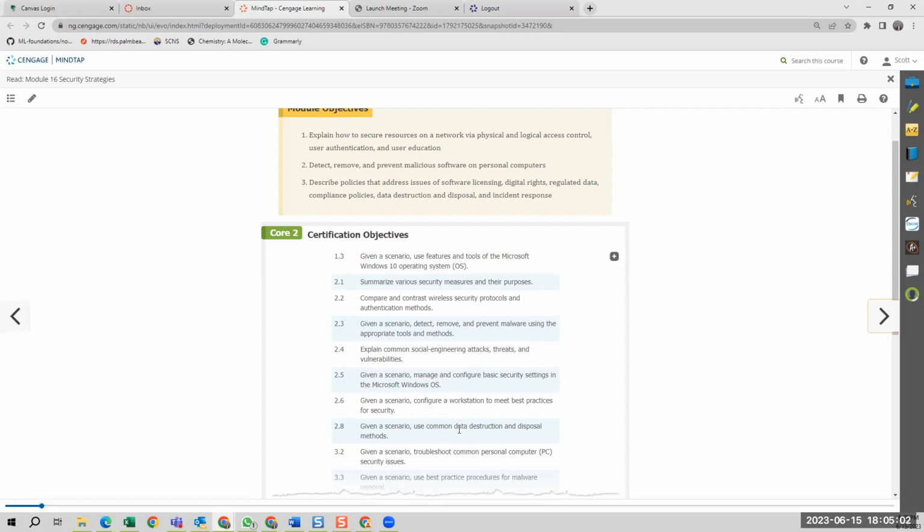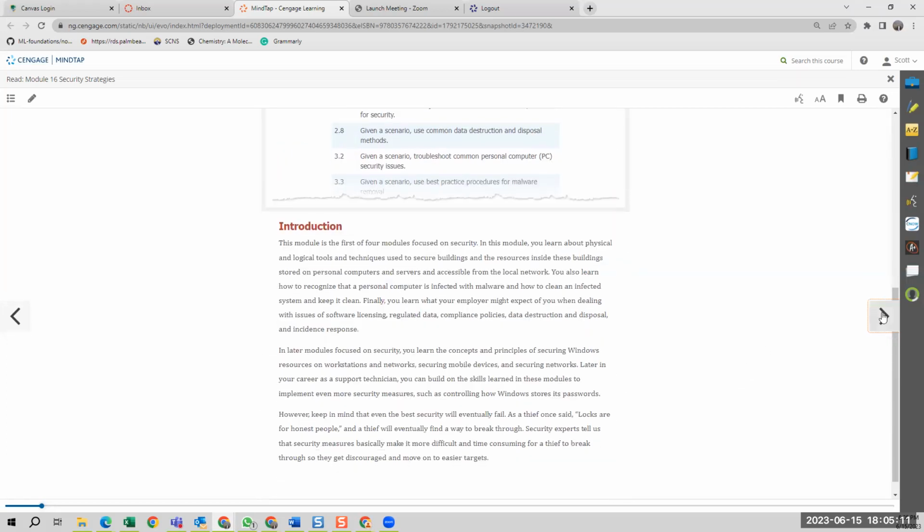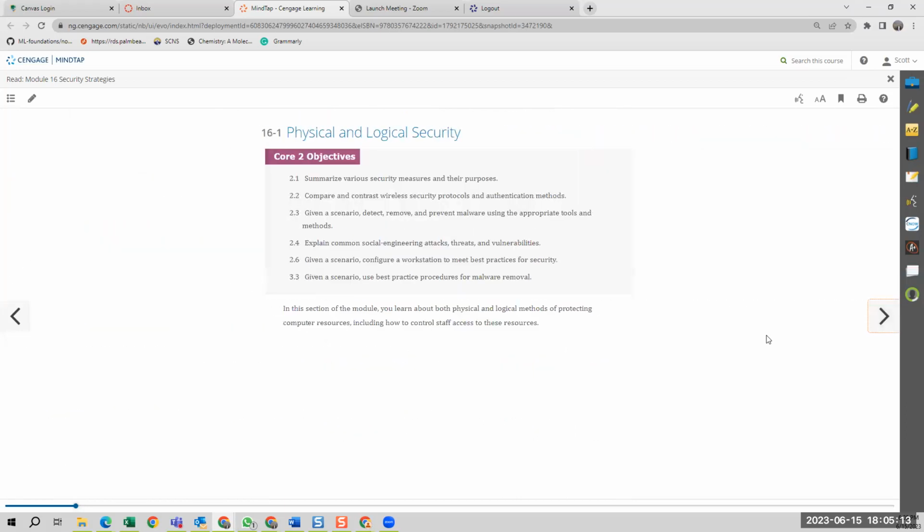And we'll deal with a bunch of different ways to go about securing the system. So we're going to look at different security measures, look at the different wireless security protocols.